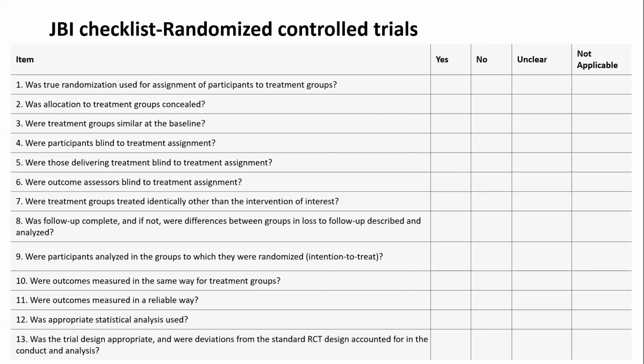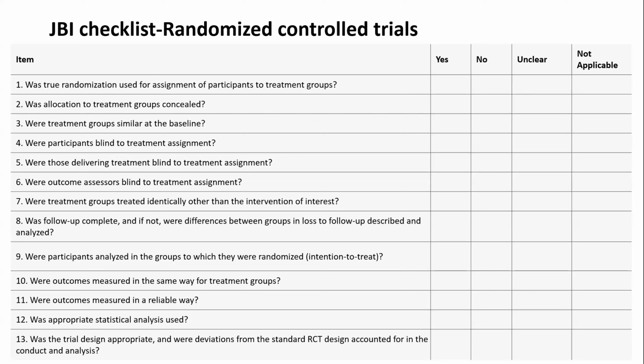Now, how to rate based on this number of items. The higher the score you get, you say that the study is of good quality, and if the score is less, you say that the study is of low quality. This JBI checklist doesn't provide structured scoring, so the reviewers have to decide in the initial stage before they start assessing the quality.